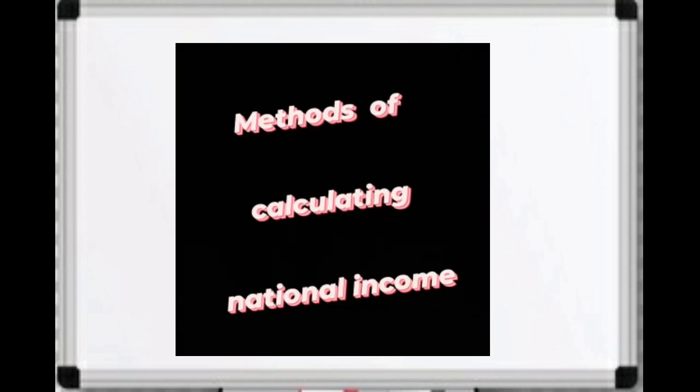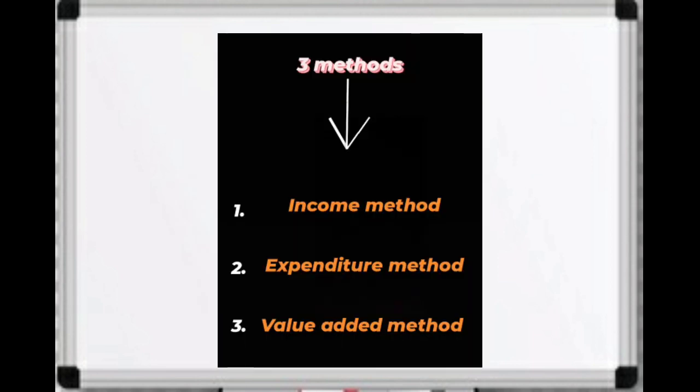Now we will study the methods of calculating national income. There are three methods: income method, expenditure method and value added method. Today we will study only the income method, and the other methods we will study in the coming videos.